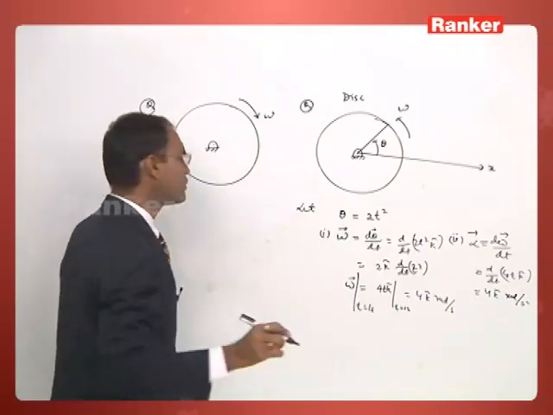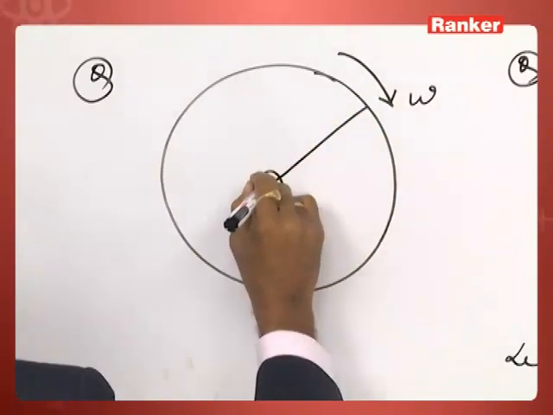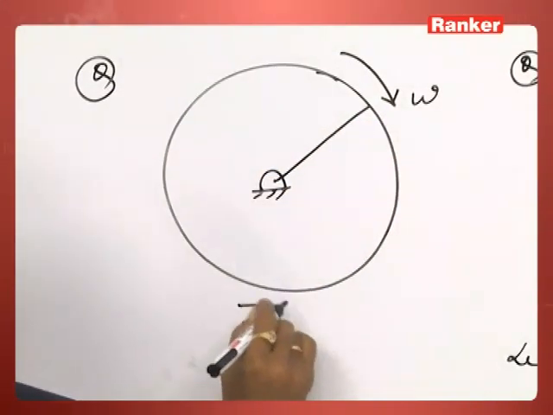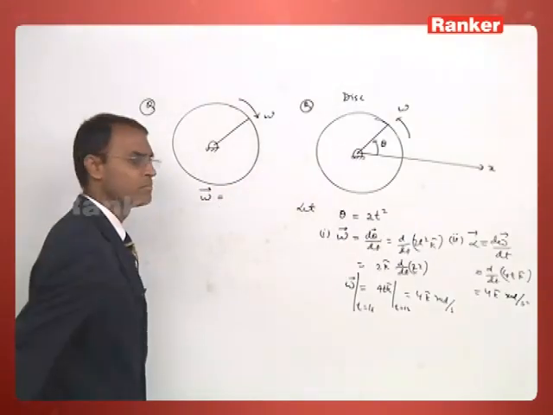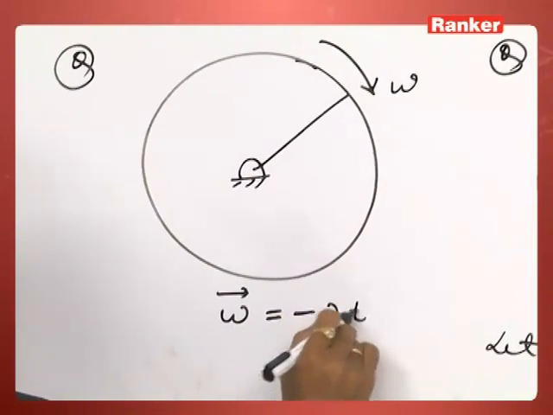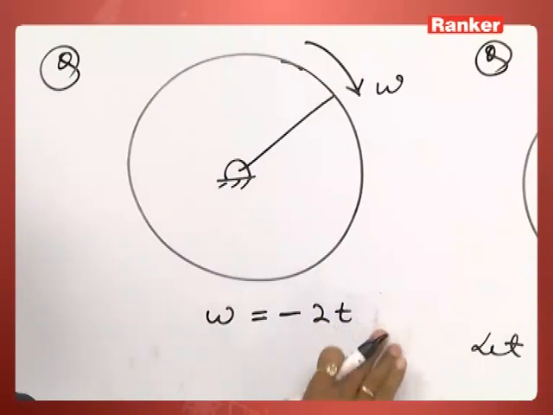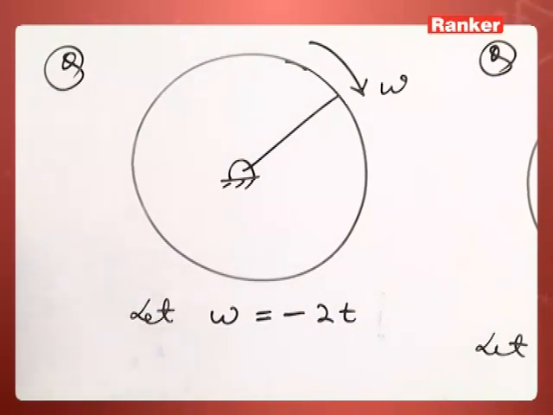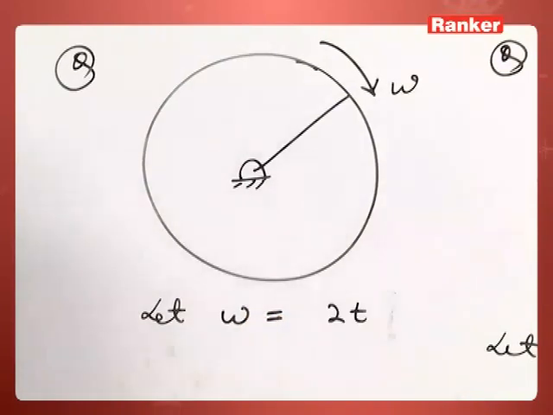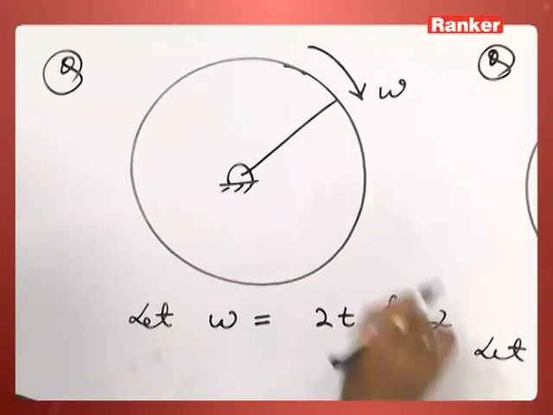To get a clockwise omega, suppose omega is equal to minus 2t k cap is given, or omega magnitude is given. Let the magnitude of omega be given as 2t. Find alpha.